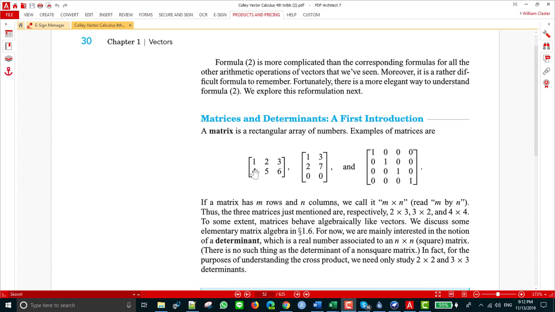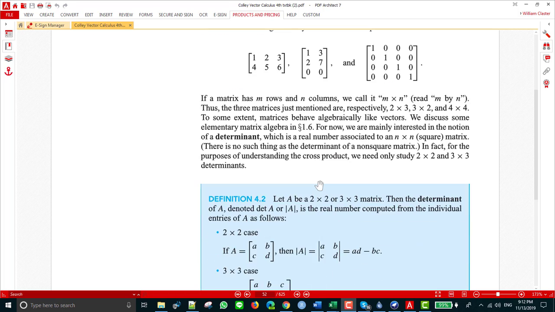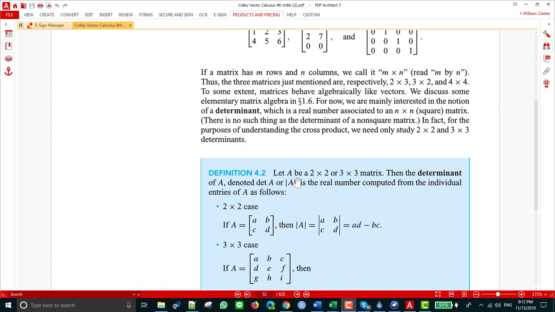We know that this is a 2 by 3 and this is a 3 by 2. So 2 by 3 and 3 by 2, we're allowed to multiply those together. We've talked about that already.